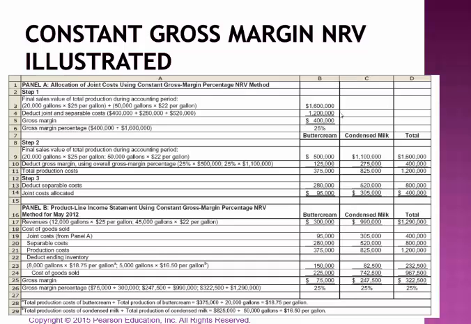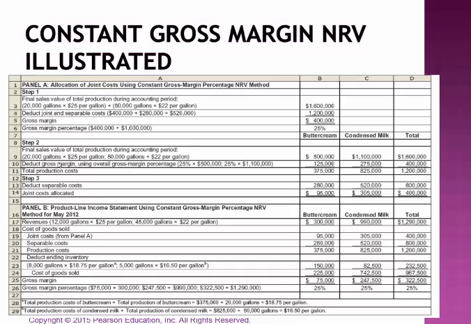Once we subtract that number, what we have left is the gross margin overall. We've seen this number, 25%. $400,000 in gross margin is 25% of 1.6 million. All right, so the way we're going to go about doing the allocation, we want buttercream and condensed milk to both have this 25% as their gross margin.